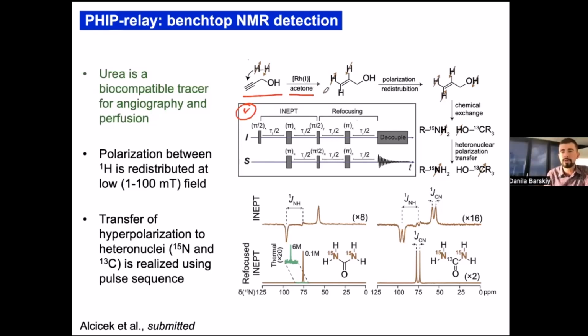So I think it's not a real problem right now to eventually obtain clean parahydrogen-based contrast agents. The main challenge is still obtaining large polarization on chemicals of interest. Let me focus specifically on one chemical, which is urea. I think urea, both N15 labeled urea and C13 and N15 labeled urea, are very interesting. They're used in MRI as well.